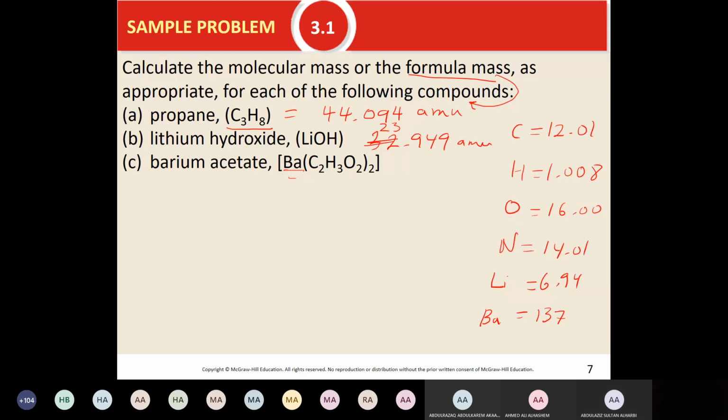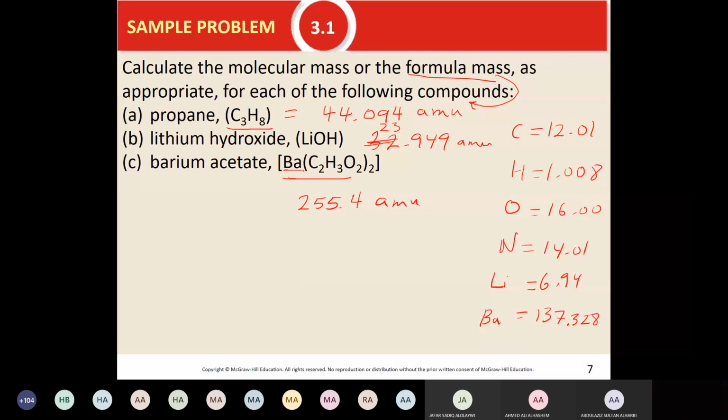255. Okay, very quickly, calculate it. 255.47 AMU.